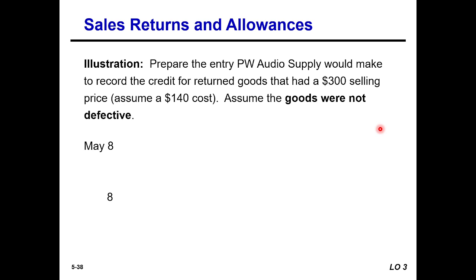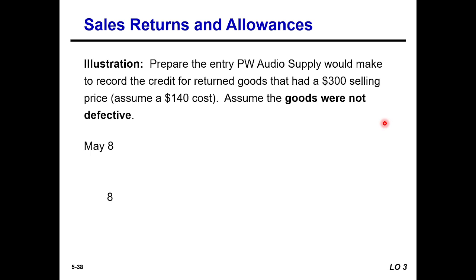Now, for sales returns and allowances, this is an example. In this illustration, prepare the entry PW Auto Supply would make to record the credit for returned goods that had a $300 selling price, assuming a cost of $140 and that the goods were not defective. Defective is another matter.